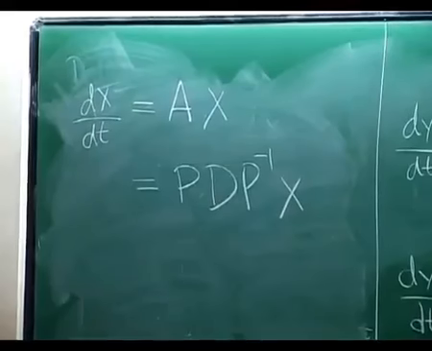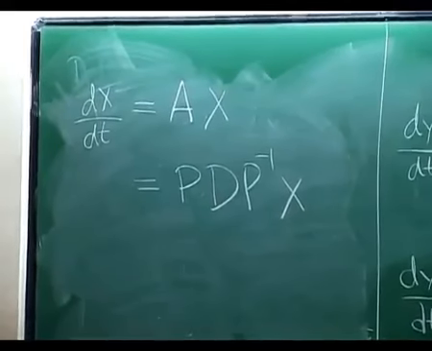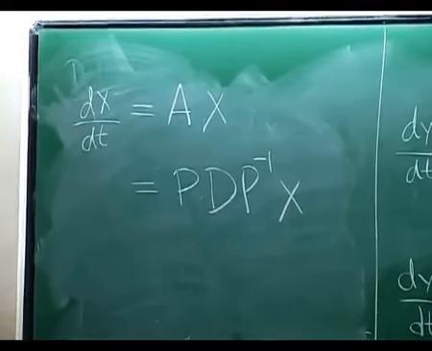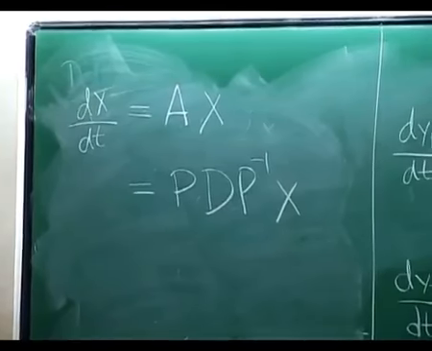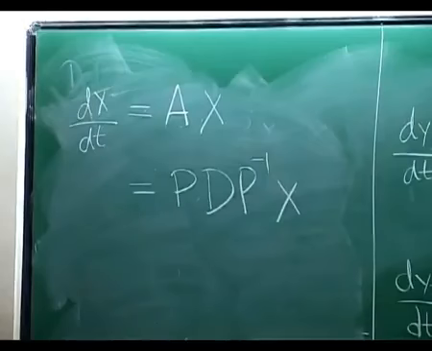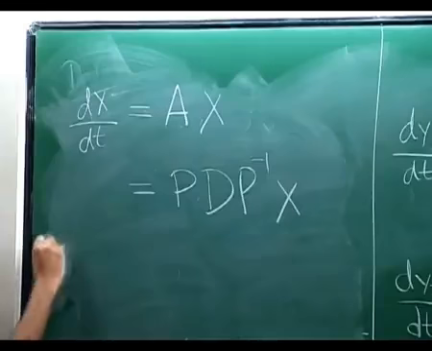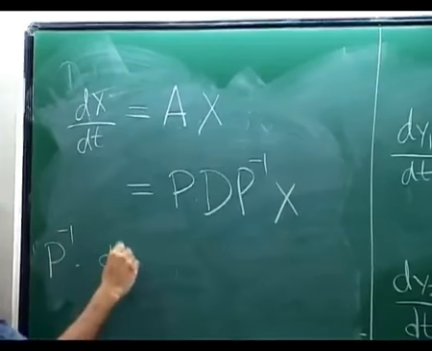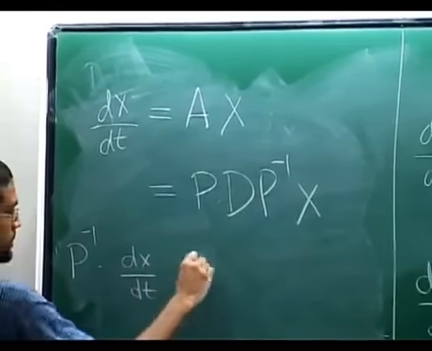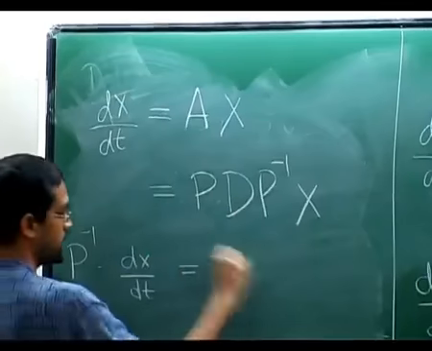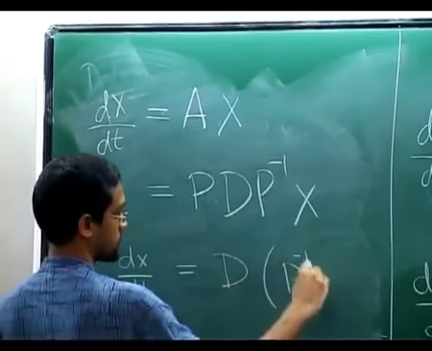Now what do we have? dx/dt is P times D P inverse x. Now let's multiply both sides of this equation by P inverse on the left. So P inverse times dx/dt is, so that this P goes away, D times P inverse x.